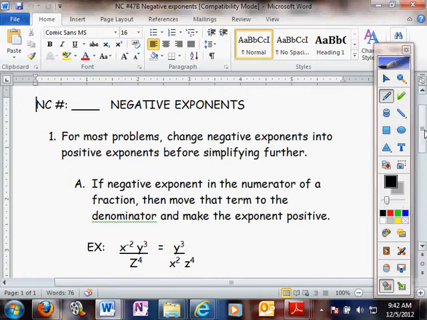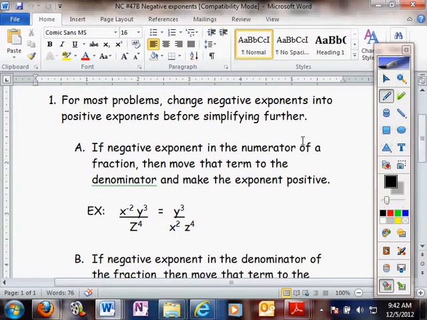This is note card 47B. For most problems, change negative exponents into positive exponents before simplifying further. How do you do that? If you have a negative exponent in the numerator of a fraction, then move that term to the denominator and make the exponent positive. Example, I have x to the power of negative 2 on top. It simply moves to the bottom with a positive exponent.